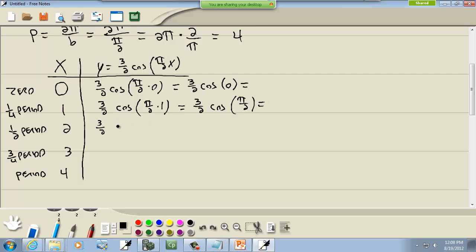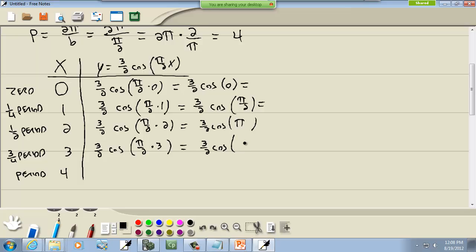This one will be 3 halves cosine of pi over 2 times 2, which is 3 halves cosine pi. You're sitting there maybe thinking, why don't you just write them down? You know what they're going to be. Well, this is kind of a check to make sure your x values are correct. So 3/2 cosine of pi over 2 times 3. That gives us 3/2 cosine of 3 pi over 2.